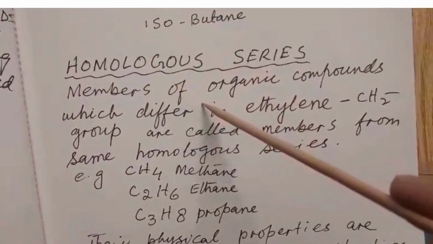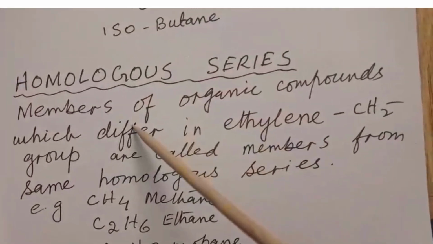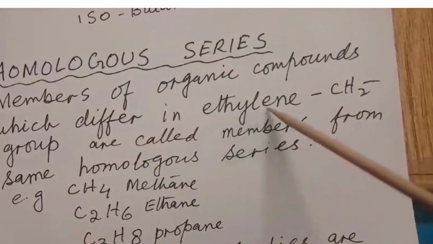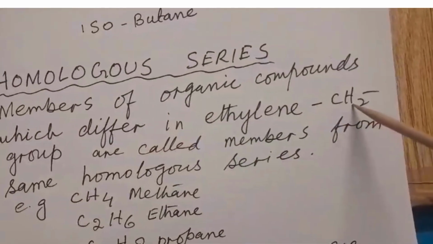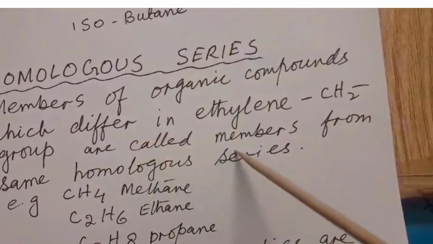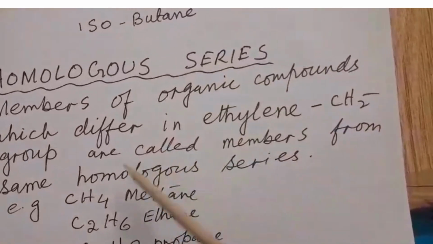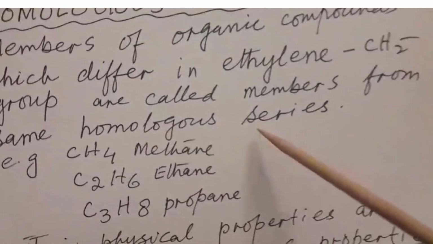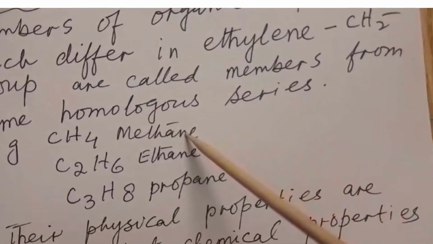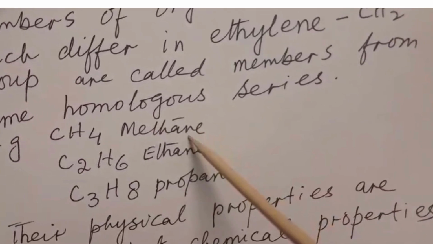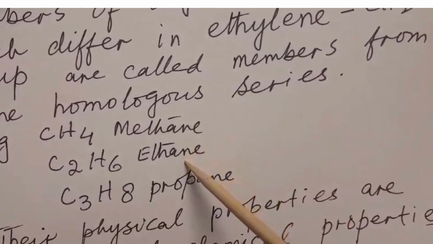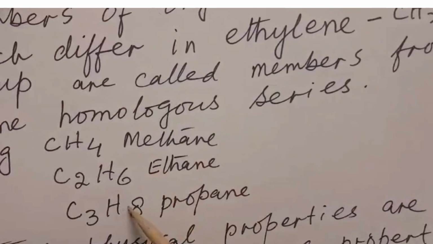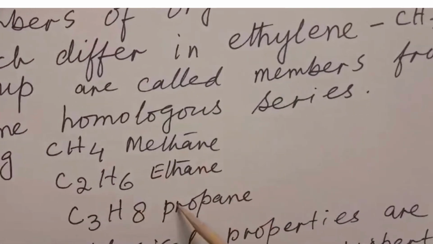Then we have homologous series. Members of the organic compounds which differ in a CH2 group are called the members from same homologous series. For example, in the homologous series of alkane, methane is the first member, then ethane is the second, C2H6, then propane, C3H8, and then butane, pentane.